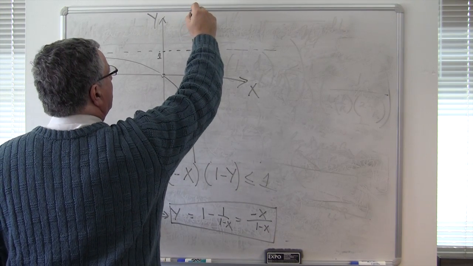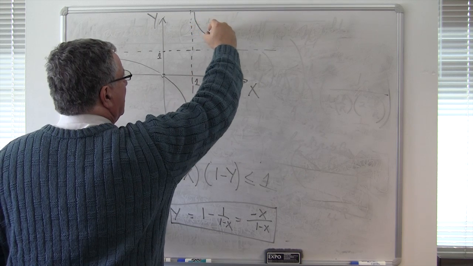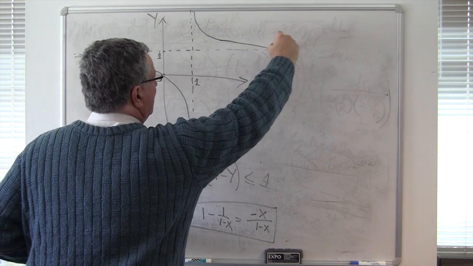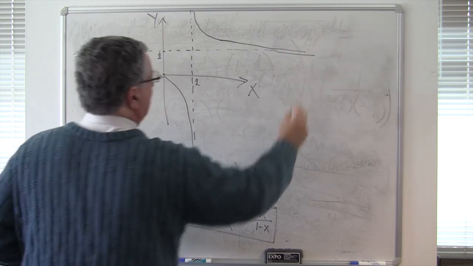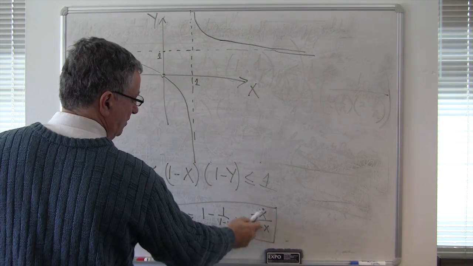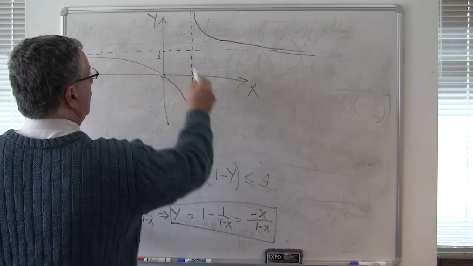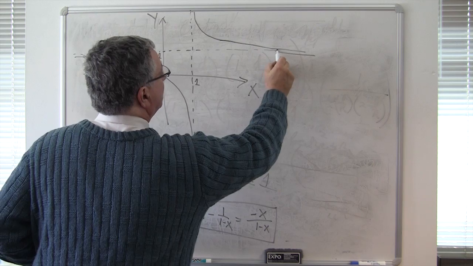So you get a curve that goes like this, and then when X goes to plus infinity, this goes to 1, like I've shown here.